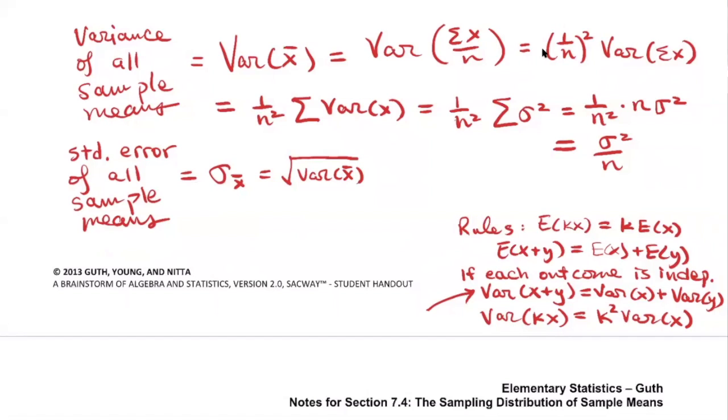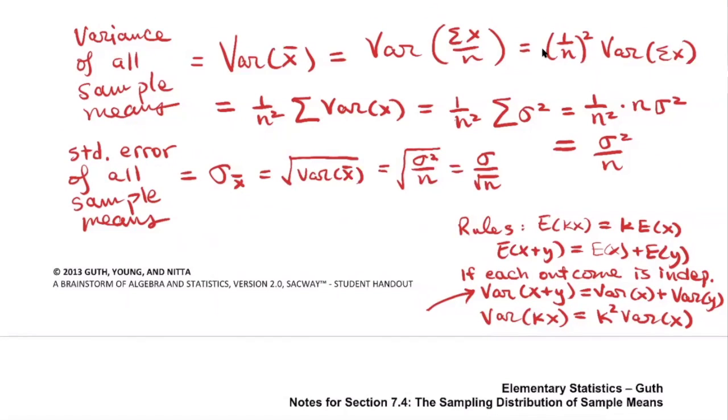And we did that. This is the square root of sigma squared over n. So the square root of sigma squared is just sigma, so you can write this as sigma over the square root of n. All right, so that's a really important formula because that's the standard error.